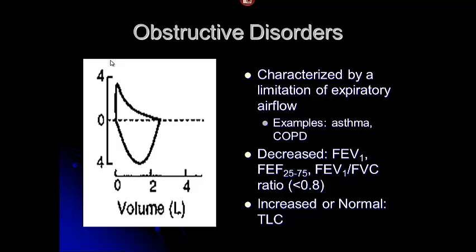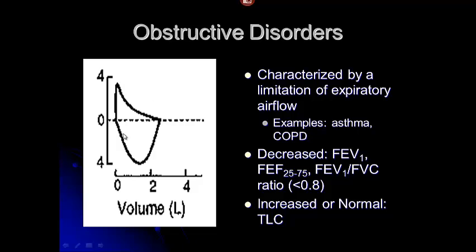In other words, it has the limitation of expiratory flow. And again, examples we already discussed, even though in your PowerPoint only has asthma and COPD. Remember, it could also be chronic bronchitis, even though it's a component of COPD. It could be a mucus plug, it could be bronchiectasis, it could be cystic fibrosis, etc.